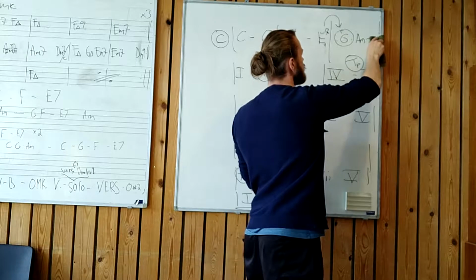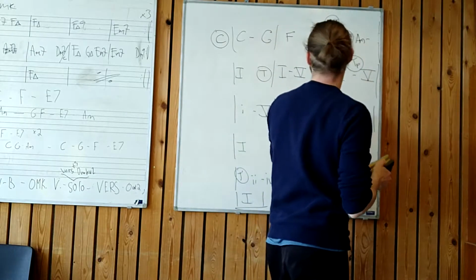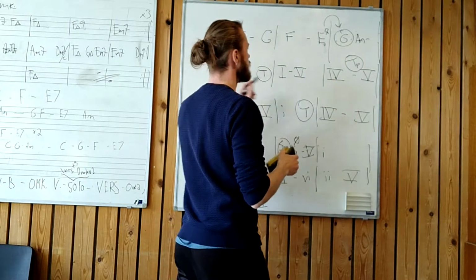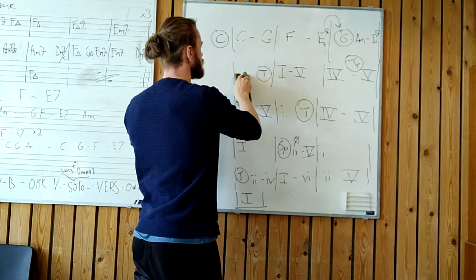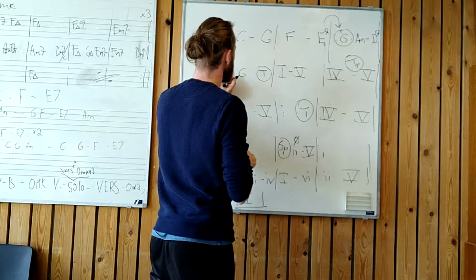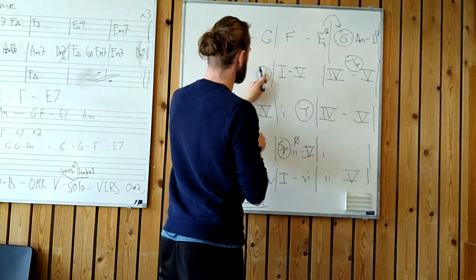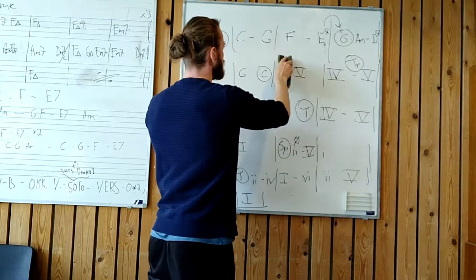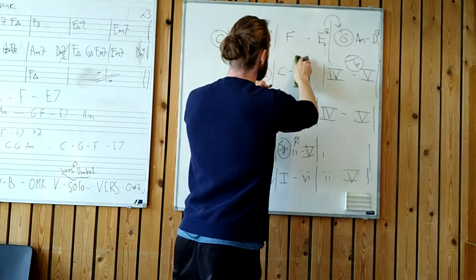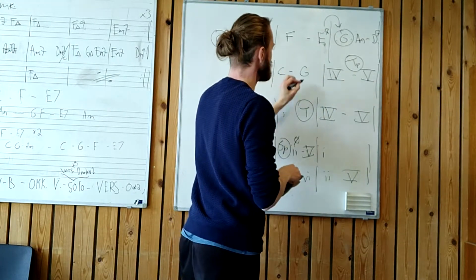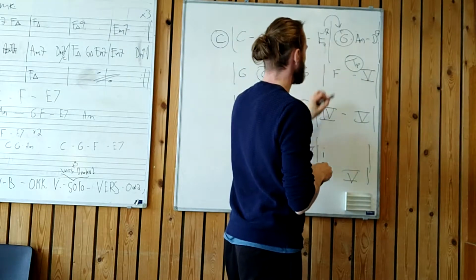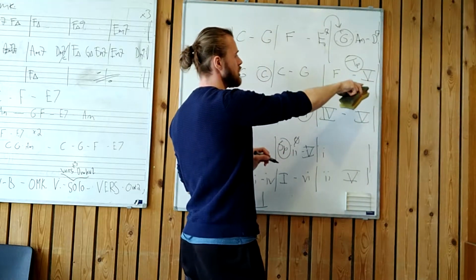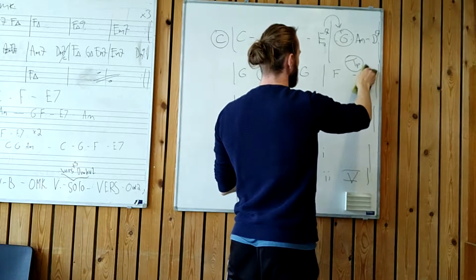And yet again, we get a D over here, D7 to the new one, which is G, and then back to our tonic, which is C. We get a C, G, F. The tonic parallel would be an A minor.